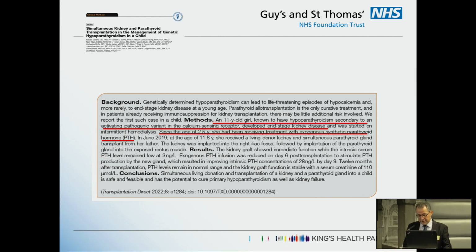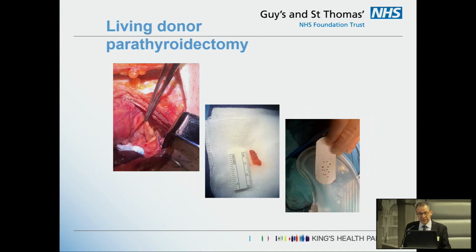So we decided to take one of the parathyroid glands of the father as well, and transplant it at the same time as the kidney. So after I finished doing the left nephrectomy, we flattened the patient, and I did a one-gland parathyroidectomy, as you can see here.